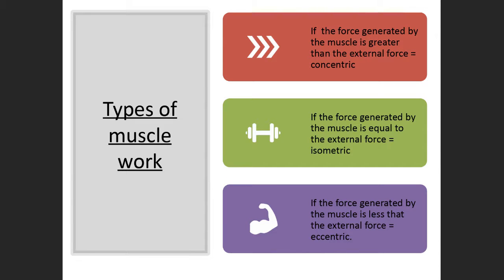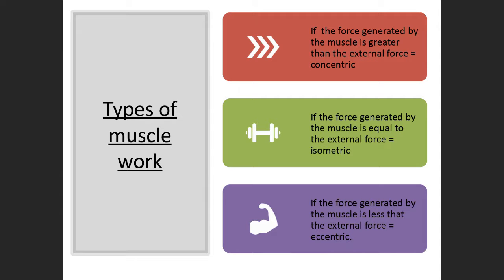Liam thinks concentric. Okay, so you want me to repeat the question. If we are strength training, which muscle contraction is going to create the most muscle damage? Because it creates the most muscle damage, when the muscle heals, it will repair stronger. Oh, there's a split between concentric and eccentric.